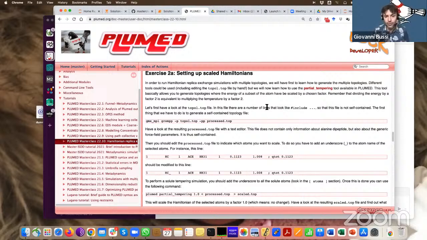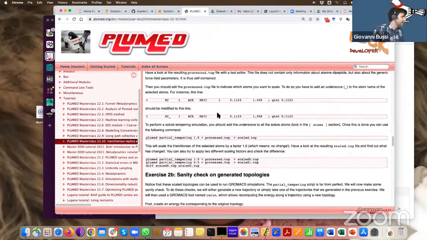For the first step, you could use some alternative tools. Did any of you try to do this scaling using some other tools different from the one that I provided? Okay, there are a few Python tools to manipulate GROMACS topologies that might be more flexible and more powerful. The one that I'm providing with PLUMED should work at least to do solute tempering, with some caveat.